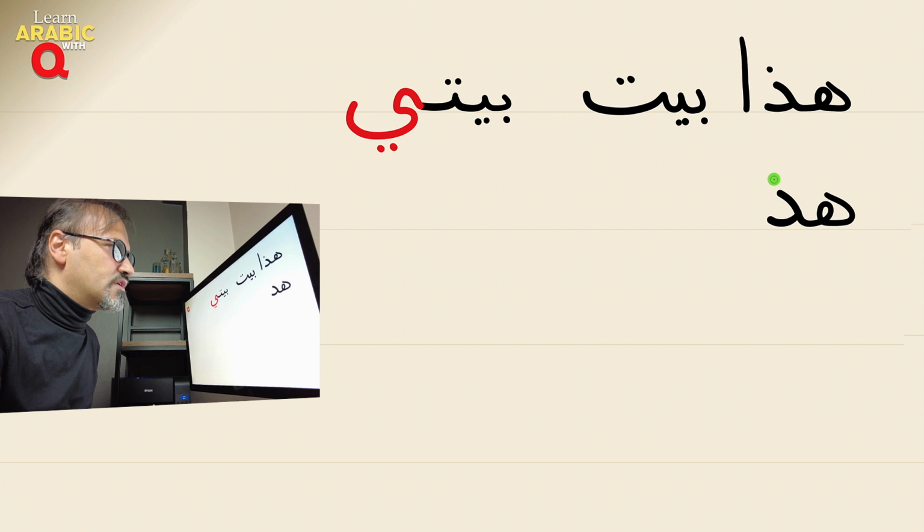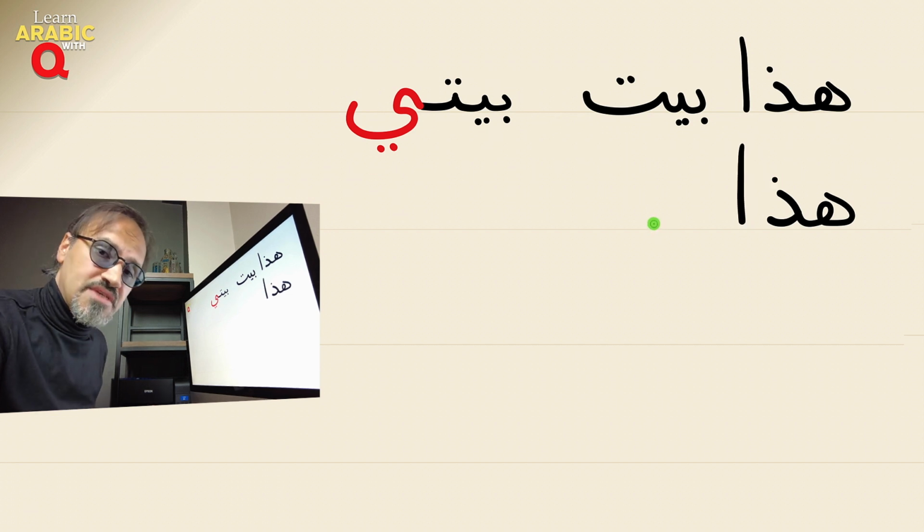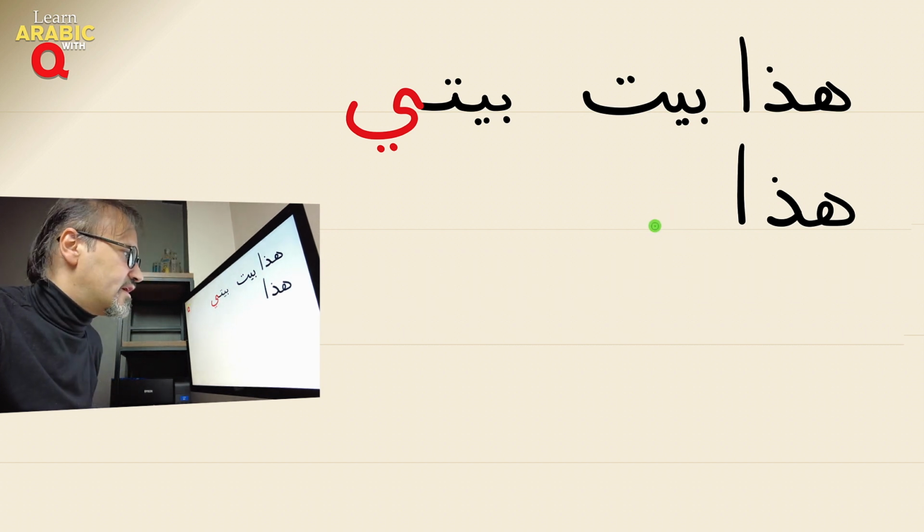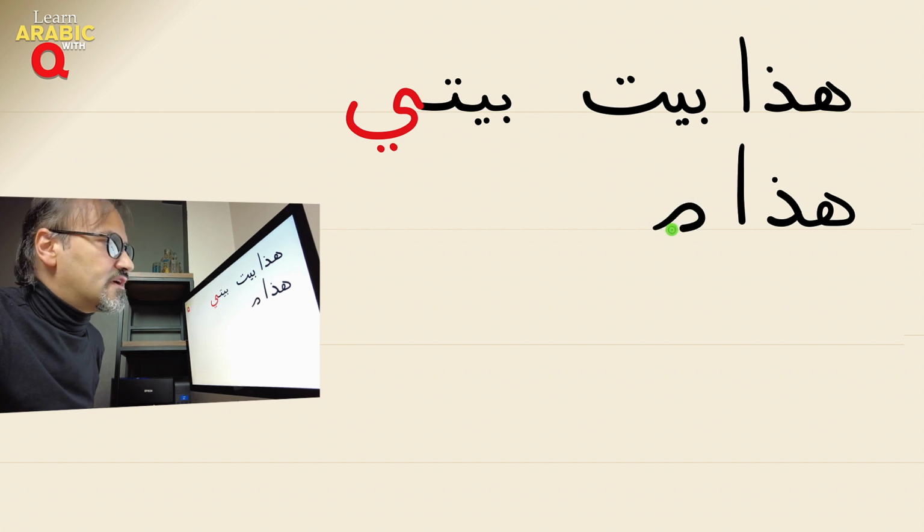Let's take a new word while we're at it. هذا, something everybody loves. طعام, which is food. It's a ط. Remember the ayn. This is the a.